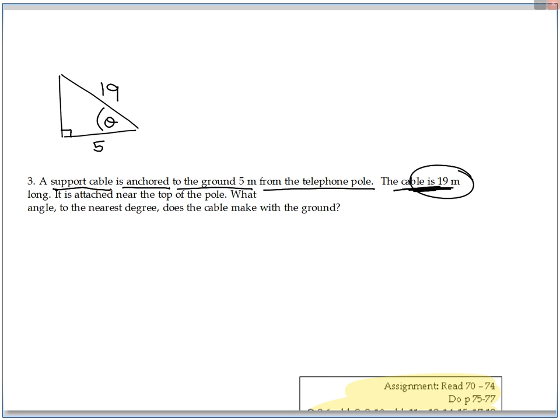Okay, so according to that theta, okay, we have labels. According to this theta here down in the corner, if I go straight across, this is my opposite. Find the 90, go straight across, this is my hypotenuse. So 5 is adjacent. Now this is the tangent section in the notes, so I don't know why this question's in here.